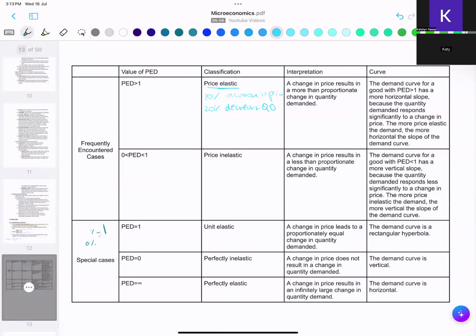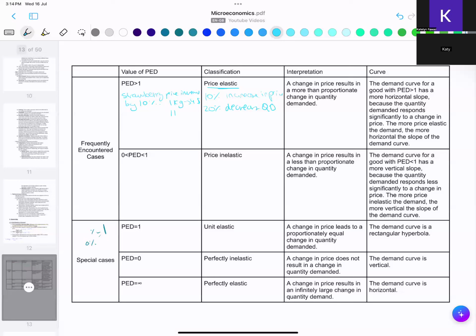Okay, so I'm gonna give you an example about strawberries. Let's say that the price of strawberries increased by 10%. So 1 kilo was $4.